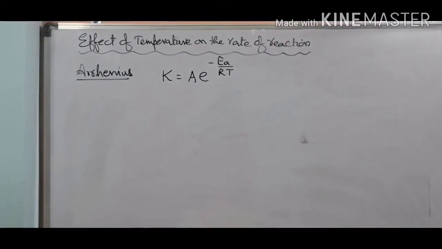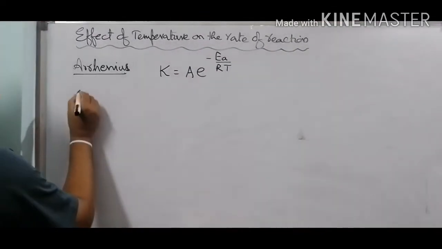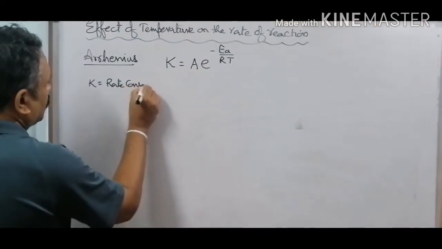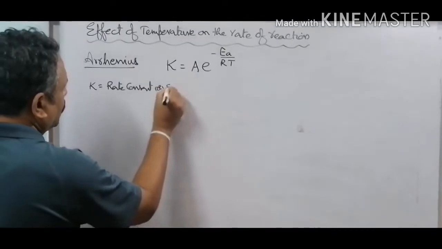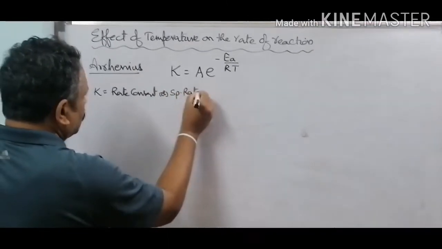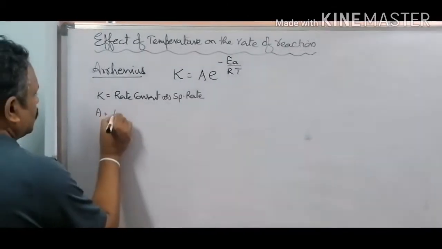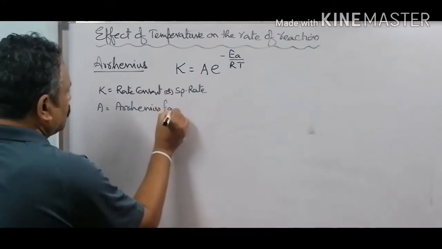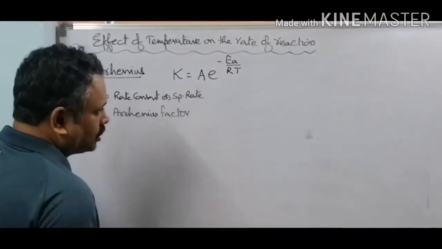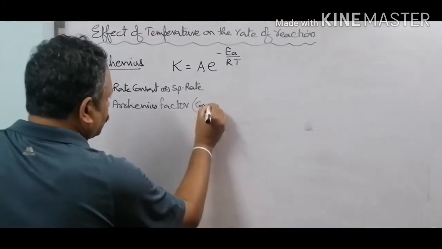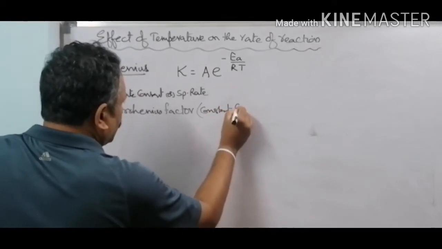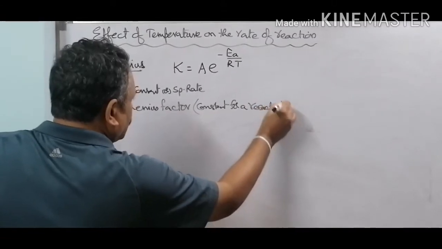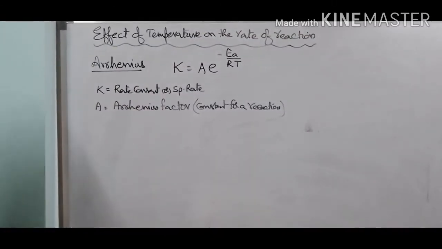This expression indicates that k is the rate constant or specific rate, A is the Arrhenius factor, which remains constant for a reaction. You may change the temperature but still that A remains the same.